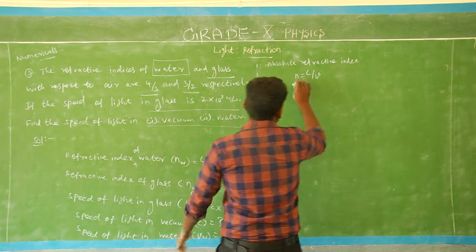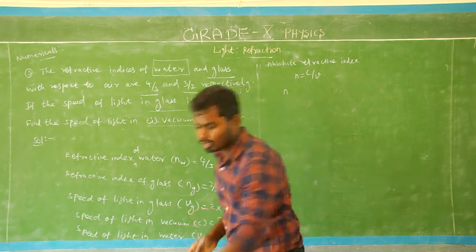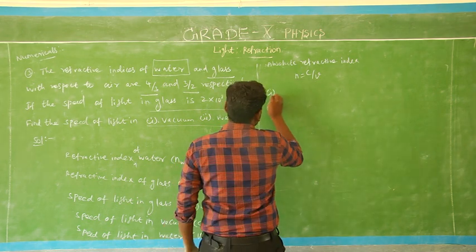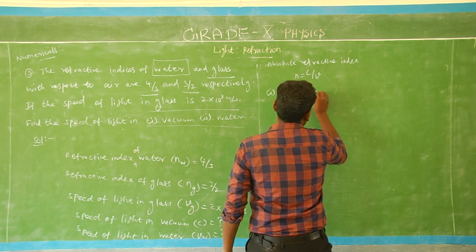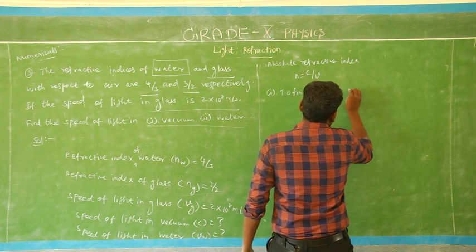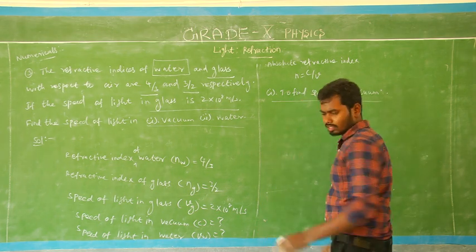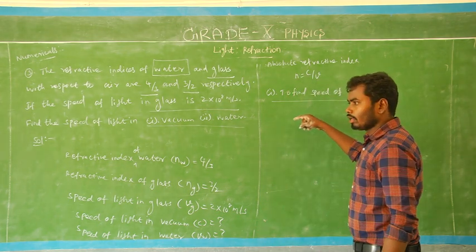First I'll write it, it will be very easy. First one, to find the speed of light in vacuum. First case, because it will be very useful, it will be very easy to understand.